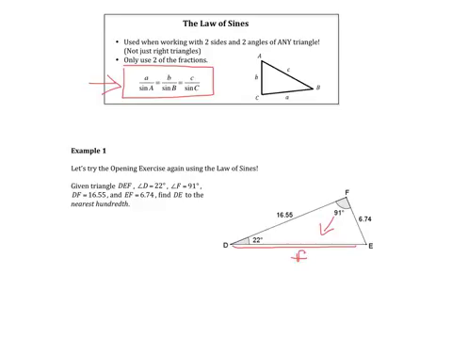Even though we're not using sides A, B, and C, we can use sides D, E, and F. So across from angle D is side lowercase d, and across from angle E is side lowercase e.